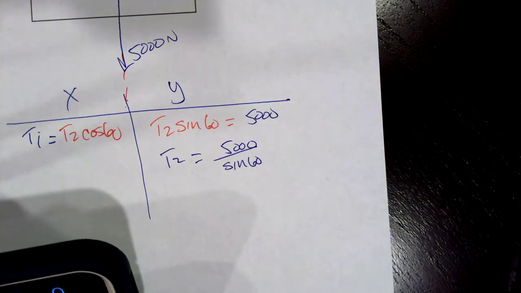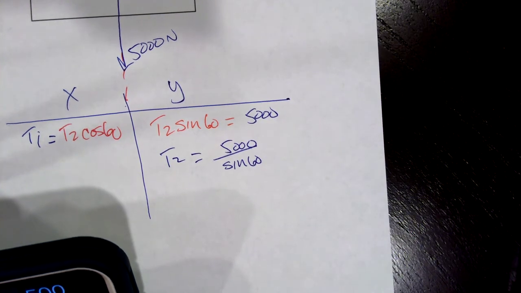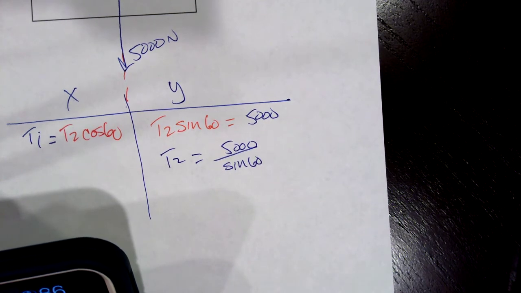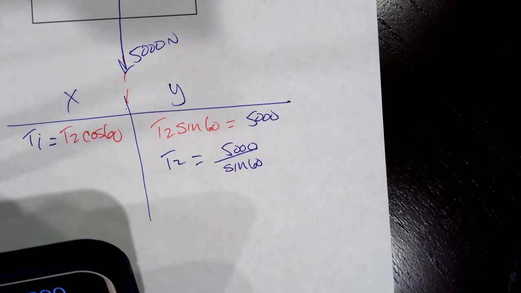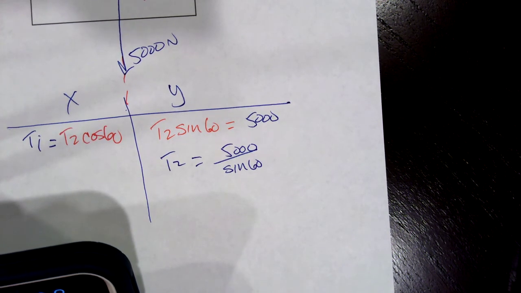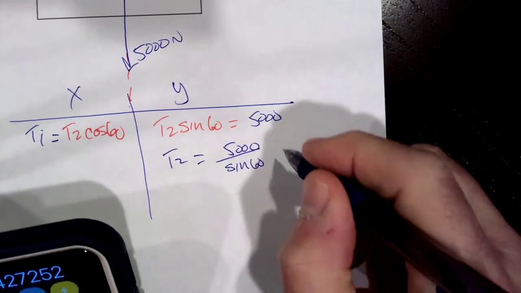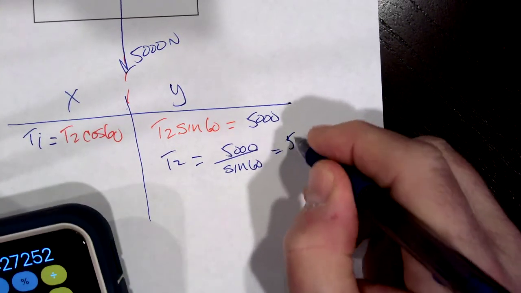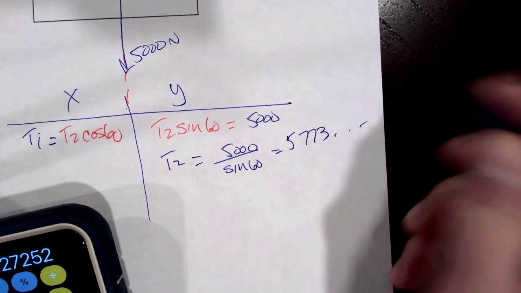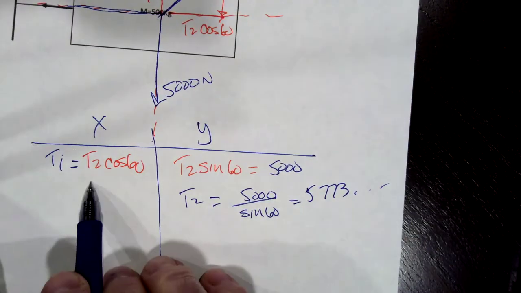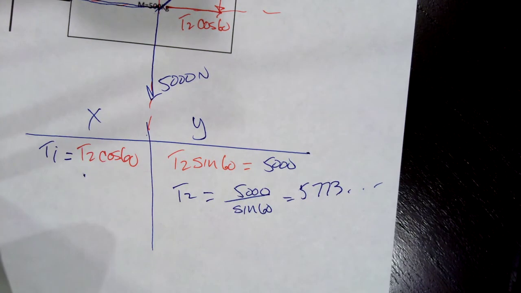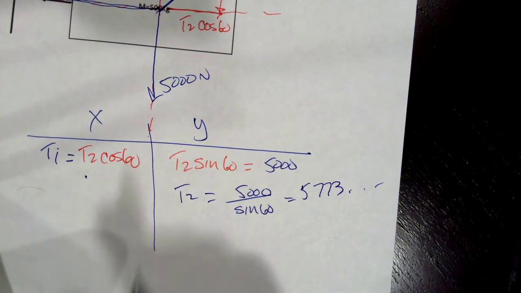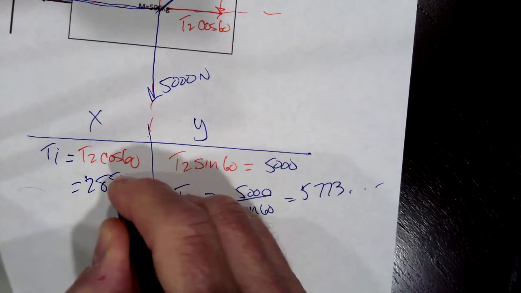Let's just do 5,000 divided by 0.866. That's 5,773 point whatever, and then bring this over here, put it in there for T1. You get 5,773 times cos 60, which is a half, and you would get 2886 pulling that way.